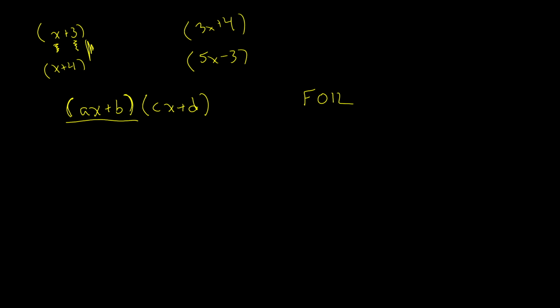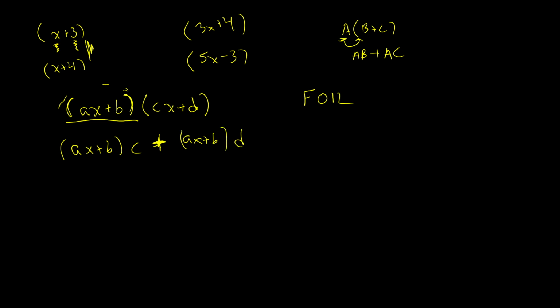And so our distribution law said that if I have something out front, I distribute it to each term inside. So this is something out front, and I'm going to distribute it to each term inside.